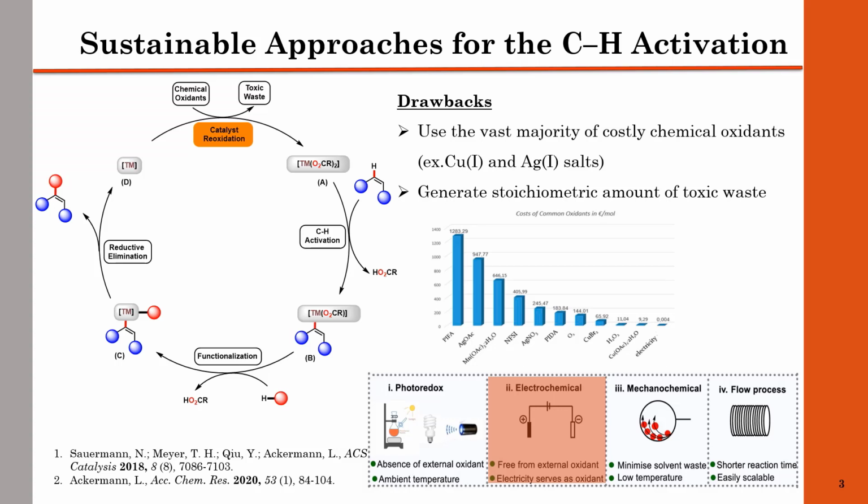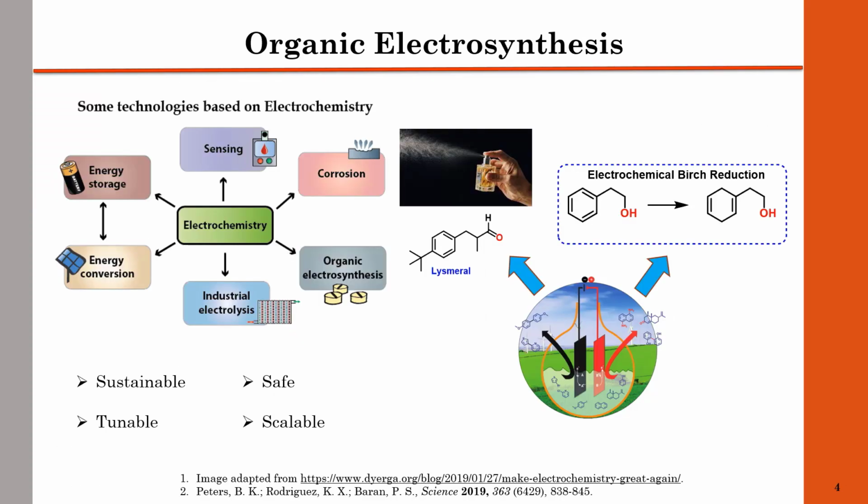With that, I would like to discuss a little bit of the background of electrochemistry. Electrochemistry is quite an old subject. A bunch of developments have been demonstrated over the past few centuries, and here I have listed a few examples.